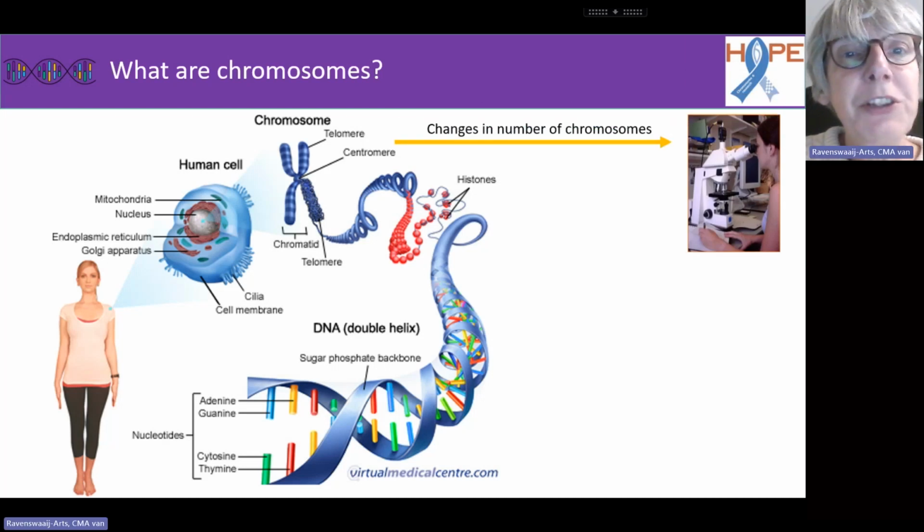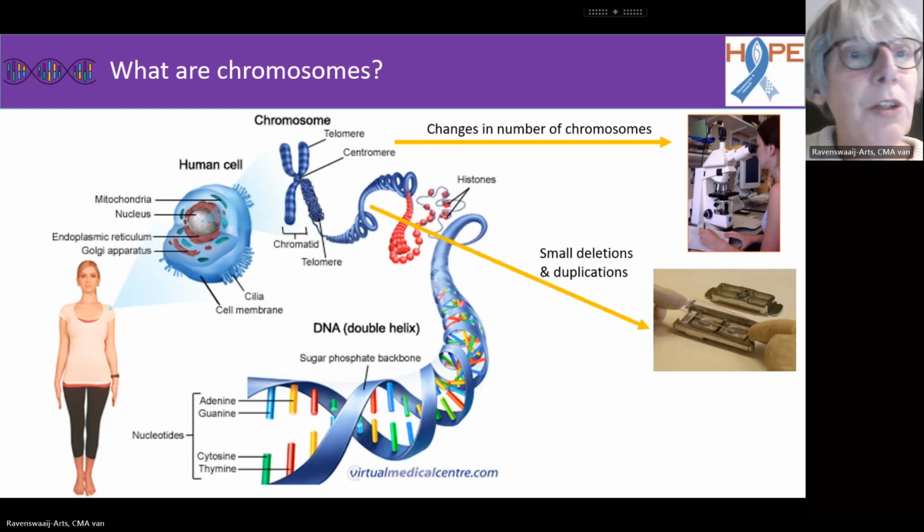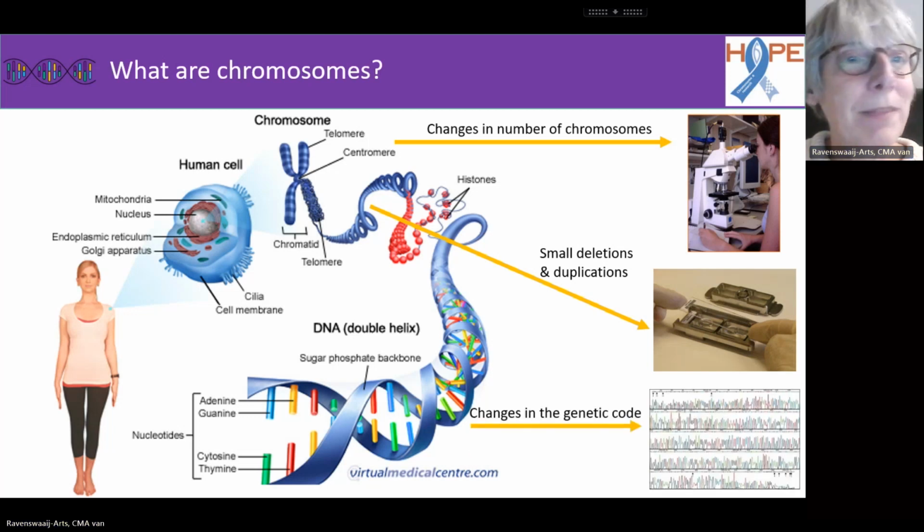By looking through a microscope, the chromosomes can be seen and counted. In this way, aberrations in the number of chromosomes and large deletions and duplications can be detected. To detect smaller aberrations, the so-called submicroscopic deletions and duplications, another technique is needed, the microarray technique, as I will explain in a minute.